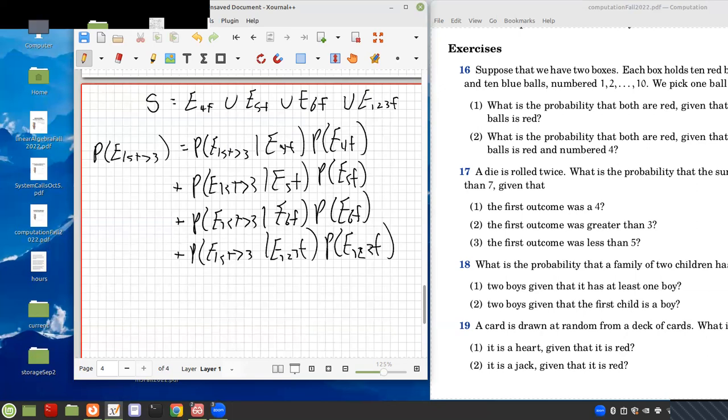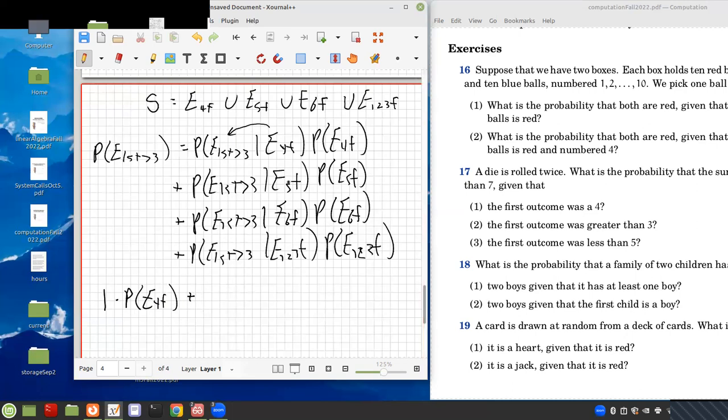Well, if the first one's a 4, it's absolutely certain, because the event that the first one is a 4 is a subset of the first set. So the probability here is going to be 1 times the probability that you have E4 first.